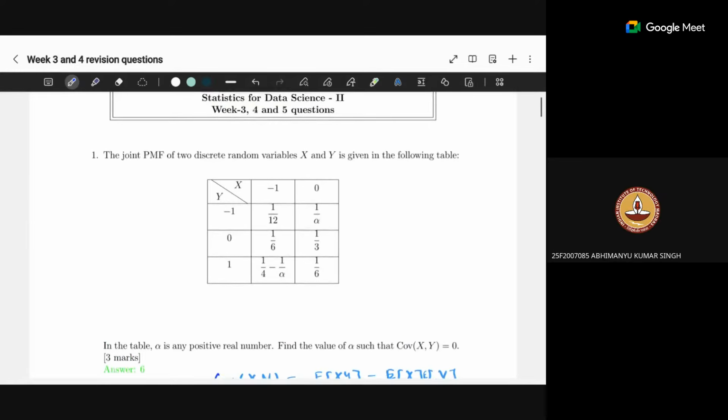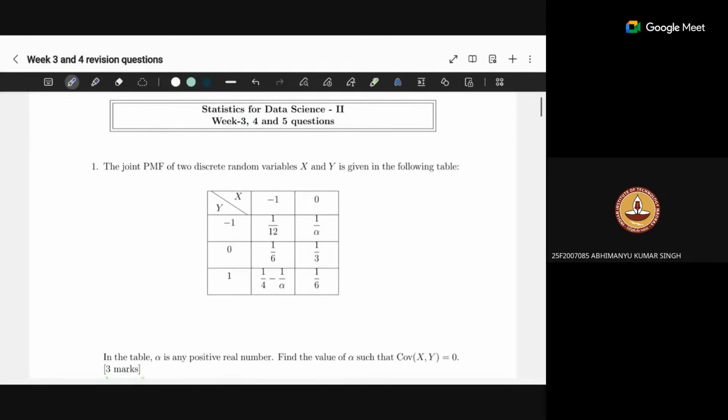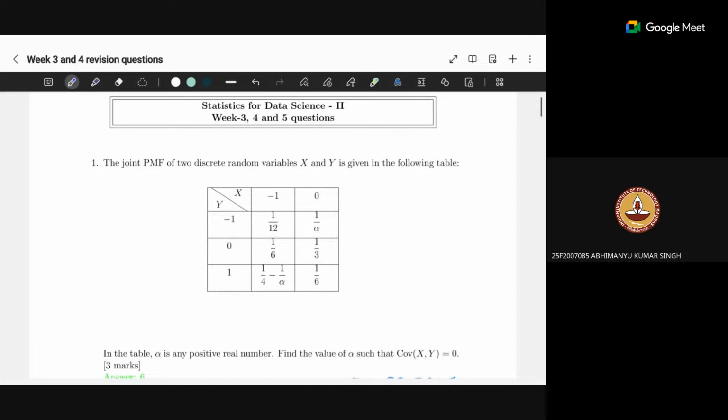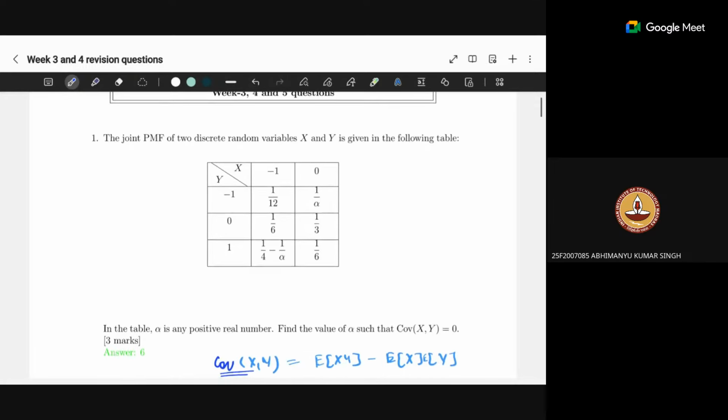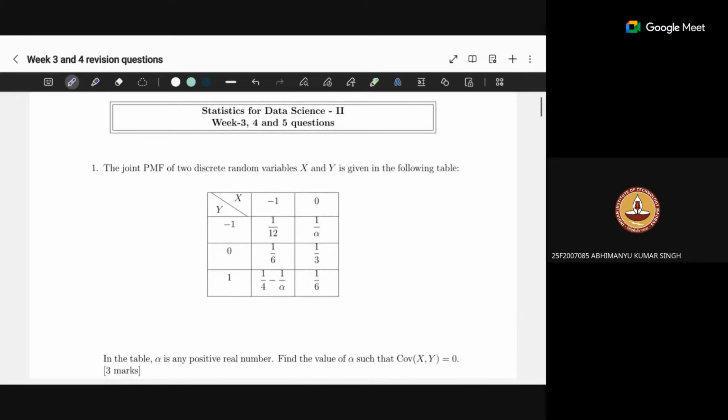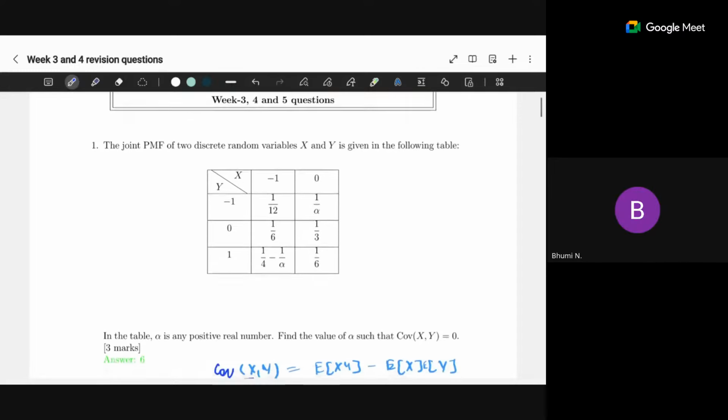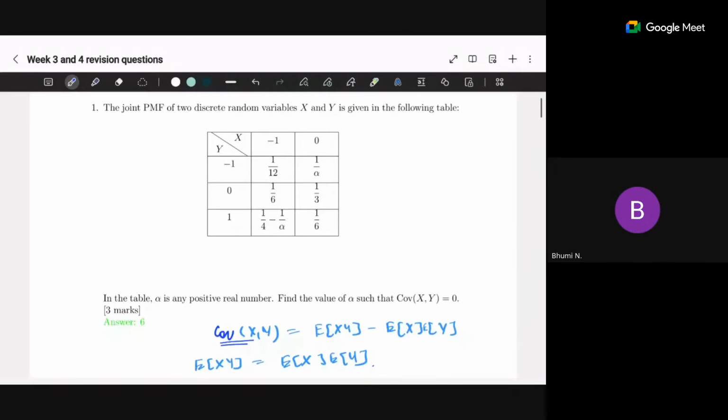If covariance XY is equal to 0, we cannot say X and Y are independent. He is talking about whether covariance equal to 0 means X and Y are independent or not.